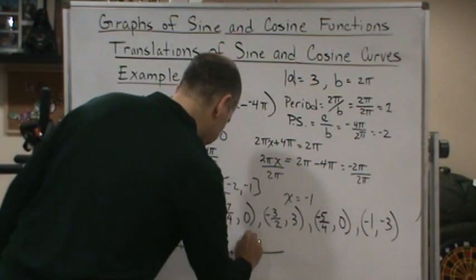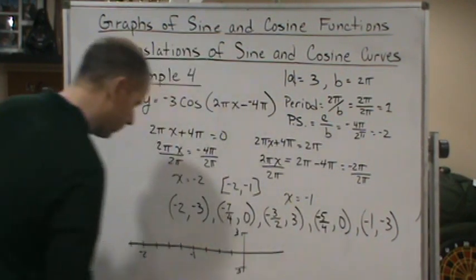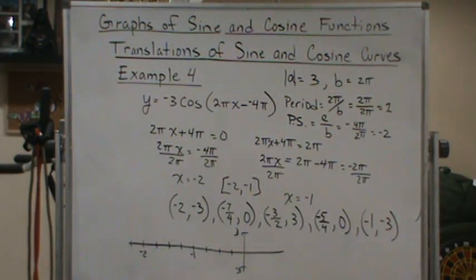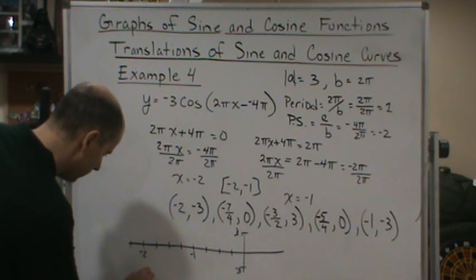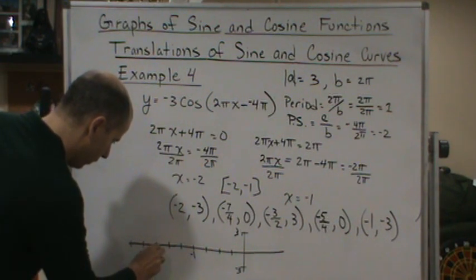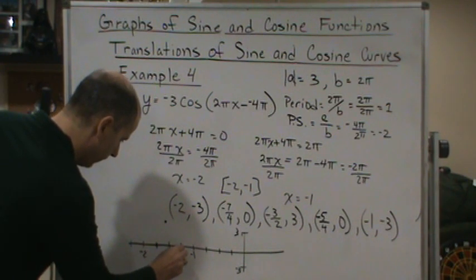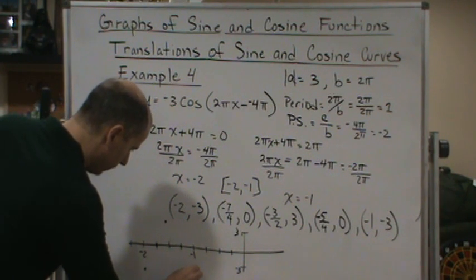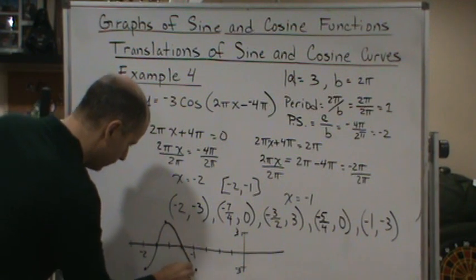And then we'll put this at 3 and this at negative 3. And again, let's go from negative 2. So negative 2 is going to be down here. And then these are all by a fourth. So then it'll go here, and then it'll go up here, and then it'll go down here, and then it'll go back down to here. So it'll do this, like that.